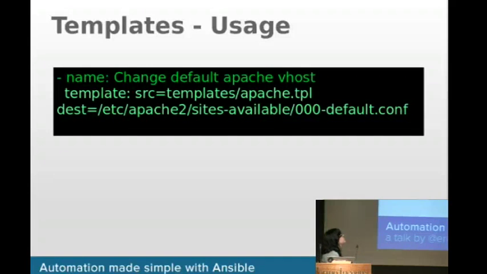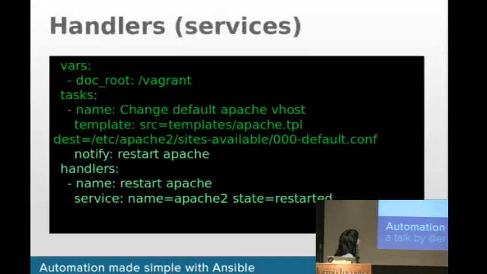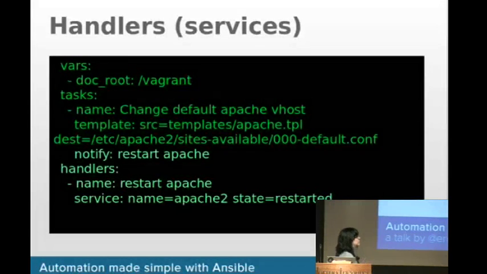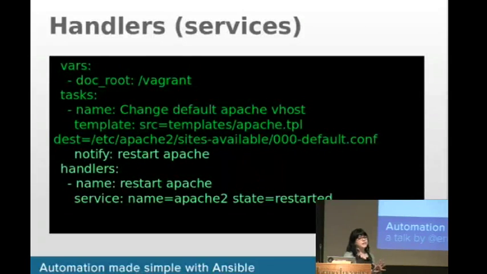How to use a template? That was just a template file, of course, and then to apply the template, you have the template module. So you just define the source for the template, which in this case is relative to the playbook, to the file where you are running the task, and the destination inside the server where you want the template to be rendered.